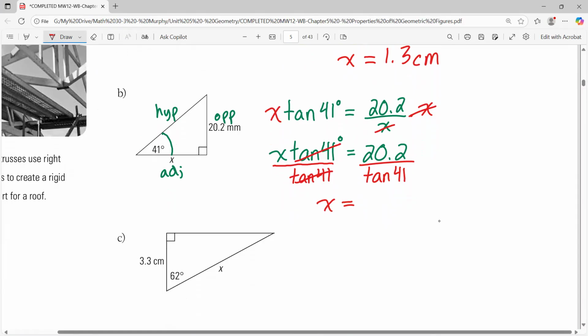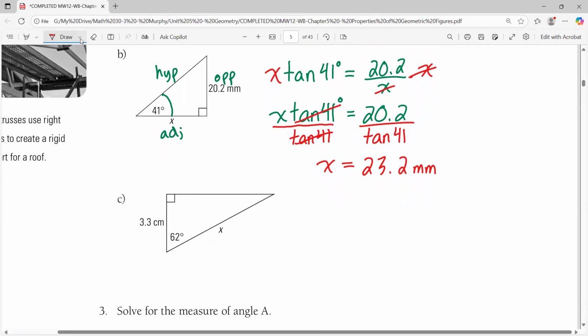So 20.2 divided by tan 41. And we'll go to one decimal place. I got 23.2 millimeters. And if I check, yeah, that looks like a pretty reasonable answer. The opposite side's 20.2. Yeah, looks pretty good.